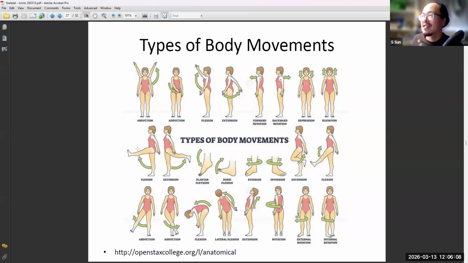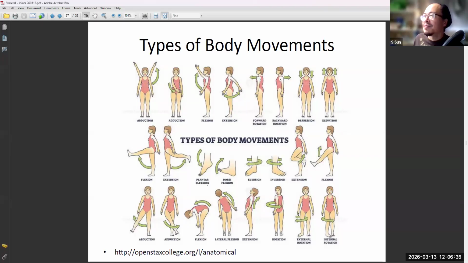You can have shoulder rotation, backward rotation, shoulder depression, elevation. Your leg, your sole, right? Your feet.